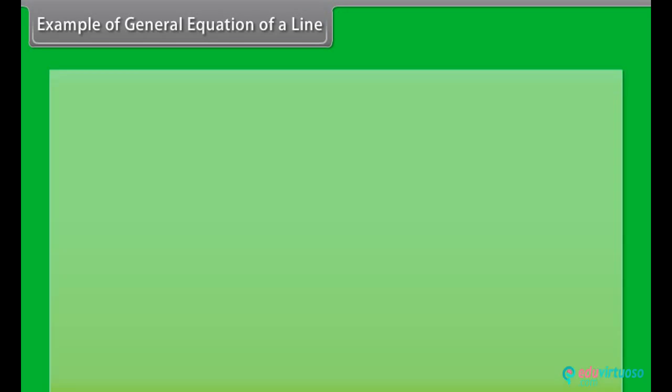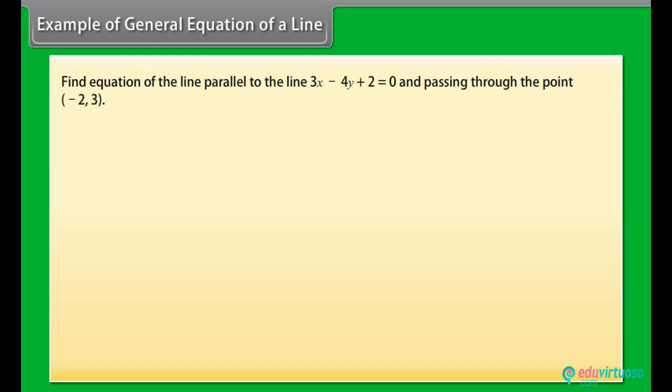Example of general equation of a line. Find the equation of the line parallel to the line 3x - 4y + 2 = 0 and passing through the point (-2, 3). Solution.